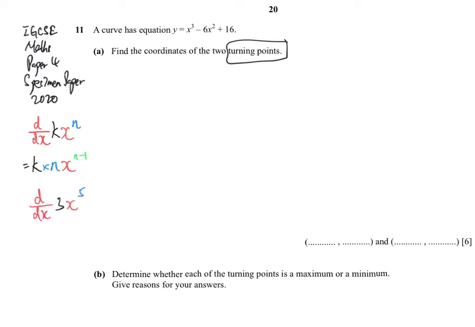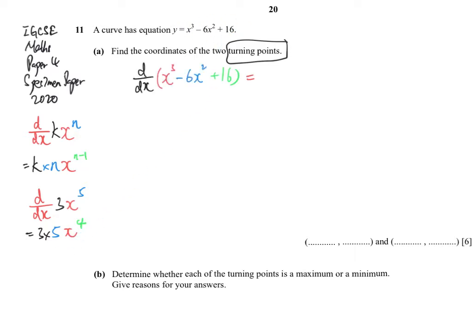For example, 3x to the power 5 equals 3 times 5, and then x to the power 5 minus 1, which is 4. So we can use this to differentiate this whole thing.